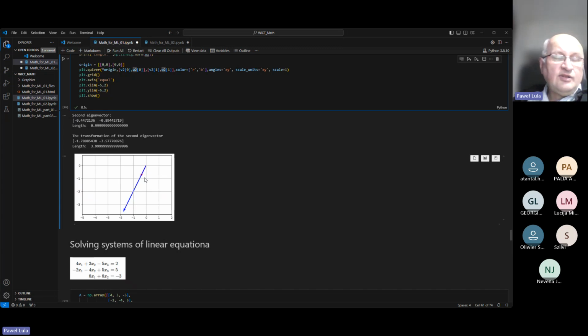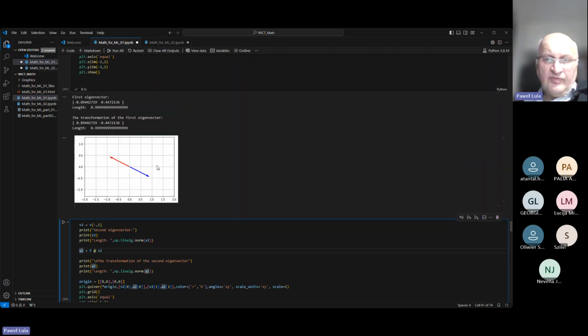It may change only the lengths of these vectors, and the vectors we obtain may be headed in the opposite direction. Sometimes they are headed in the same direction, sometimes in the opposite direction. So that is the concept of eigenvectors. And this concept is very, very useful in data analysis. And today I will also use this concept many times.